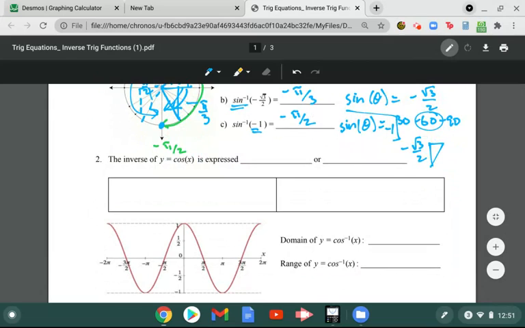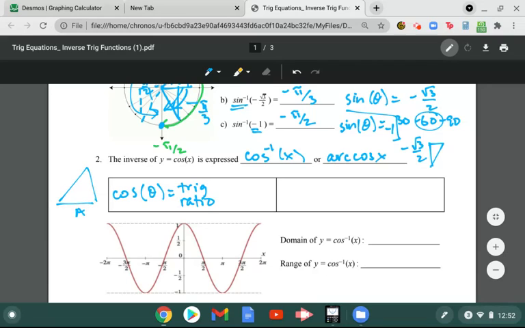Now let's go ahead and do the same for cosine. So cosine is going to get defined the same way. I can define that as cosine inverse of x, but we can also write that as arc cosine. Let's start with regular cosine. Regular cosine gets applied to an angle, and I get a trig ratio back. Again, I'm thinking of SOHCAHTOA.